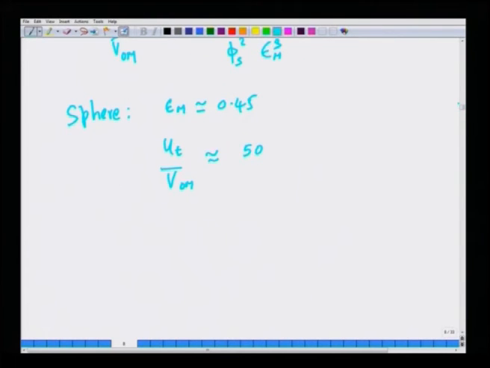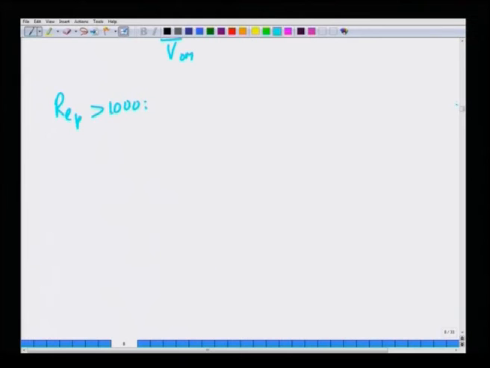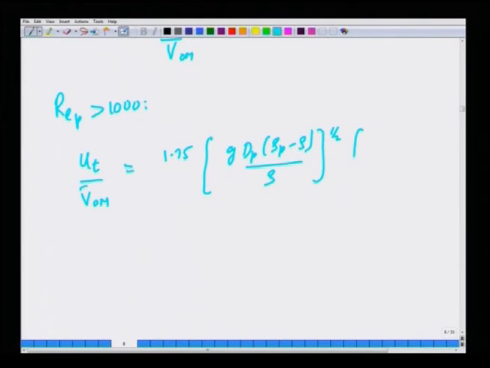But let us look at the same case at higher Reynolds numbers. Let us say REp greater than 1000. Then we will use the turbulent flow correlation for the velocity for onset of fluidization. Then you will get V0m equal to 1.75 times g times (rho p minus rho) by rho, to the power half.